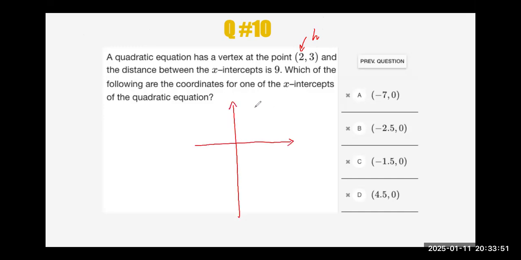Very nice. Okay, you mentioned that the vertex is (2, 3) here. And the distance between the x-intercepts is 9, which means this one will be 4.5. And you do this U shape.